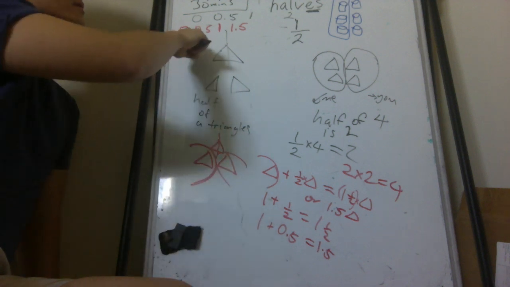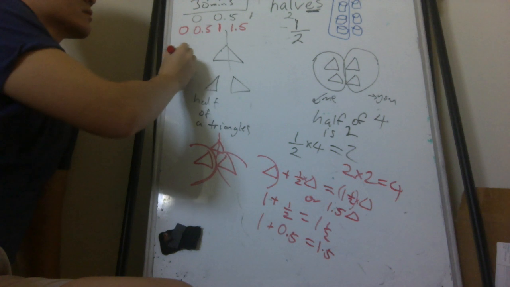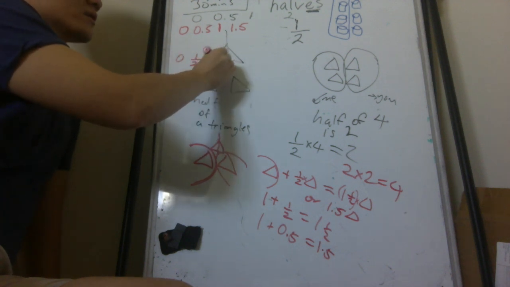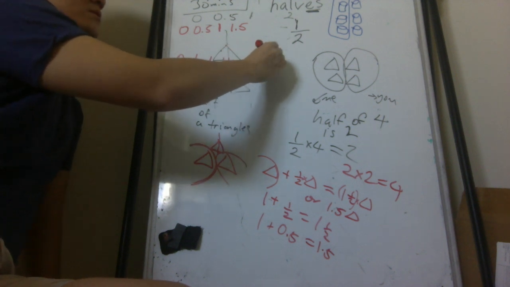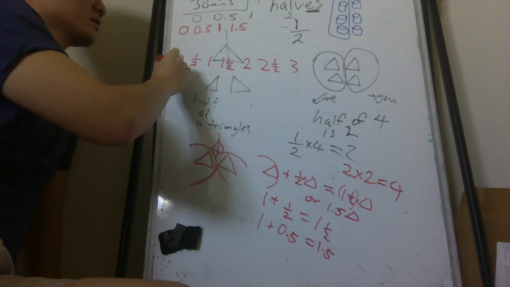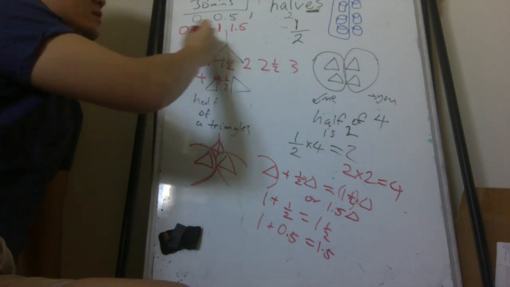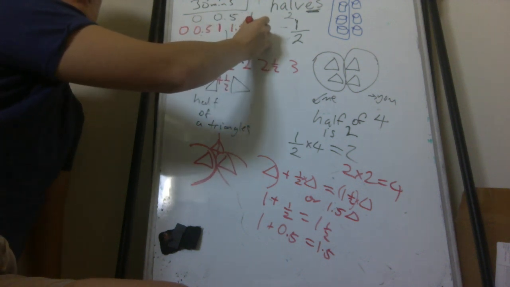Yeah, this notation is a bit strange, huh? So we have 0, and there's a half, 1, and then 1.5, 2, 2.5, 3, 3.5, 4.